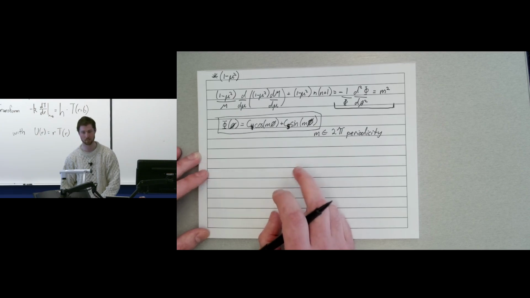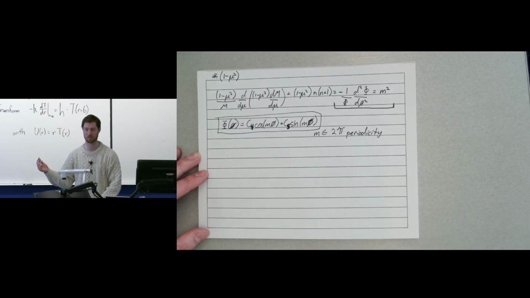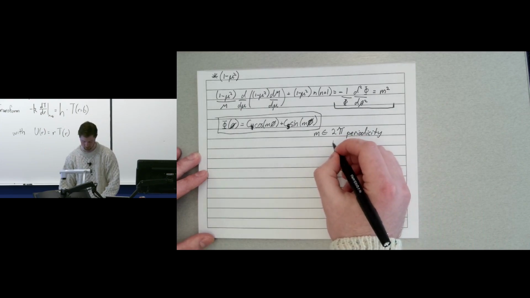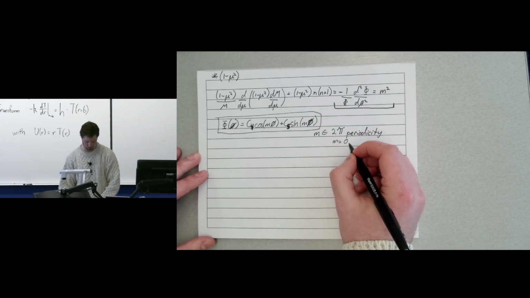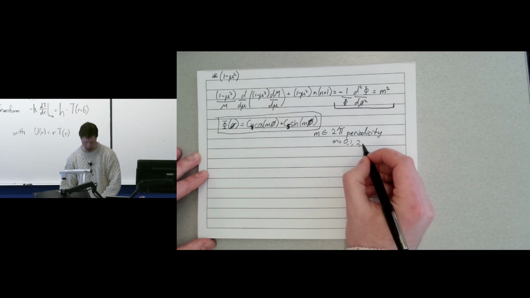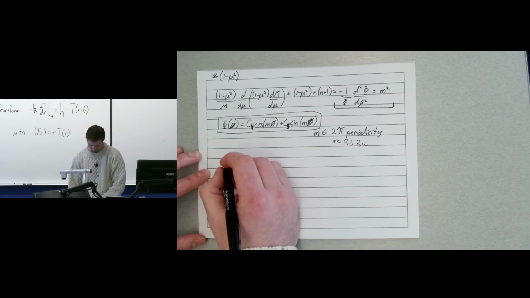Yes, the derivative. Yes, so the temperatures are the same at 0 and 2 pi, because as we go around a whole sphere, 2 pi radians will be back in the same spot. Okay, so that's what our 2 pi periodicity means. And so m can equal 0, 1, 2, etc. All right, now our last variable.